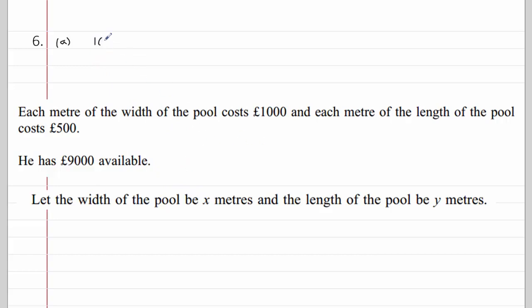So we need 1,000x, and each metre of the length of the pool is 500, that's going to be plus 500y. And the total cost must be less than or equal to 9,000. If we divide everything by 500, we end up with 2x plus y is less than or equal to 18.